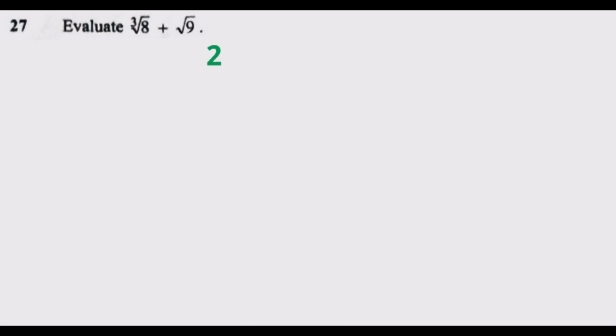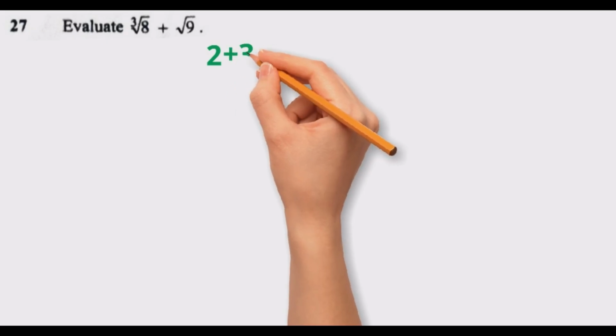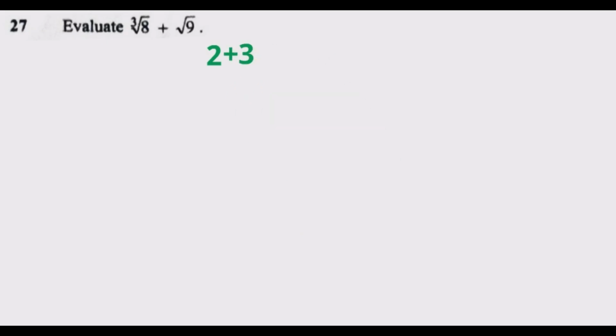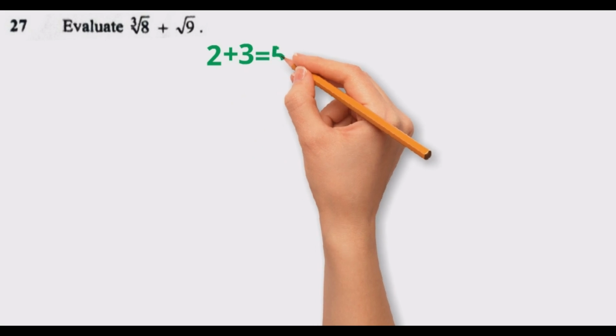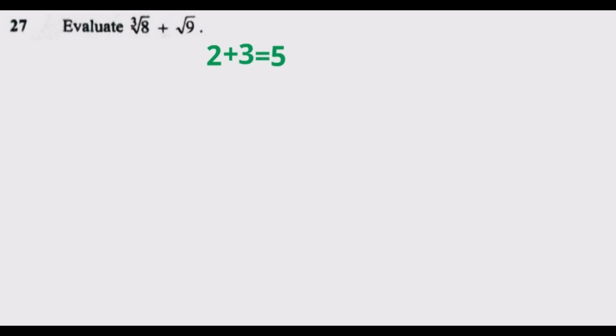Then the number which can multiply 2 times giving you 9, the answer is 3. So 3 multiplied by 3 will be 9. So we are going to write 3 there. Then we say 2 plus 3 will be equal to 5. So the answer was 5.